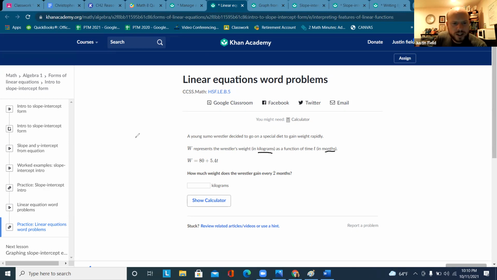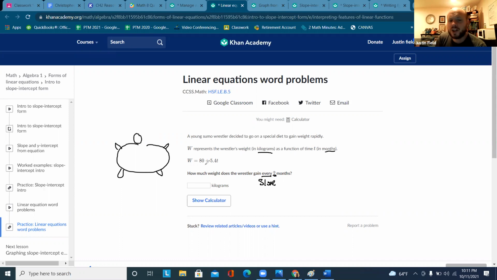Okay, so the sumo wrestler, there he is. And how much weight does he gain every, that's a slope word. But the slope is every 1 and this is every 2. Okay, so we want to take that slope, right? And we want to use it, but we don't want to just put the slope right there.